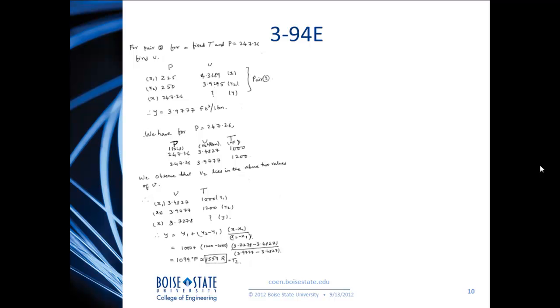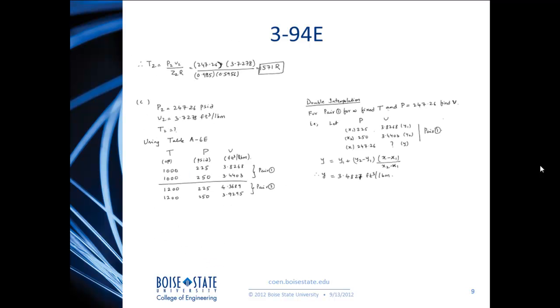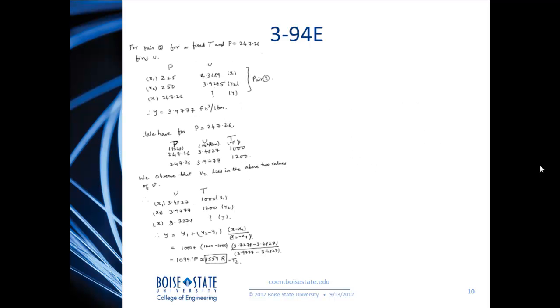So now what we have essentially done is, for a fixed P, we have determined this range of specific volumes and the range of temperatures. And we observe that the choice of our pairs so happened that the specific volume which we have in the problem, which is 3.7278 cubic feet per pound mass, lies between the two values shown in this double interpolation.